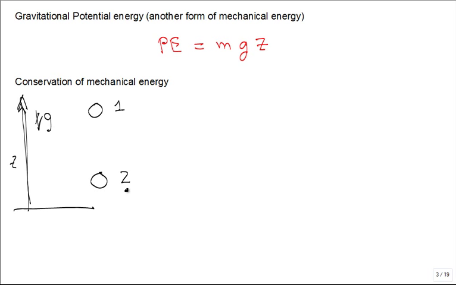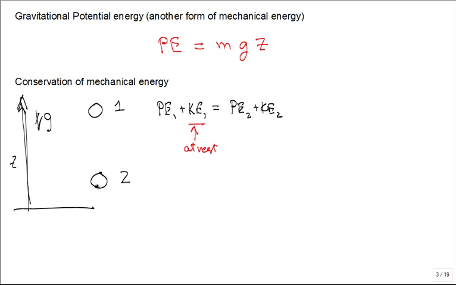And, believe it or not, the sum of the potential energy at state 1 plus the kinetic energy at state 1 is equal to the sum of the potential energy at state 2 plus the kinetic energy at state 2. Let's say we started at rest. State 1, it's at rest. If it's at rest, what would this be? 0.